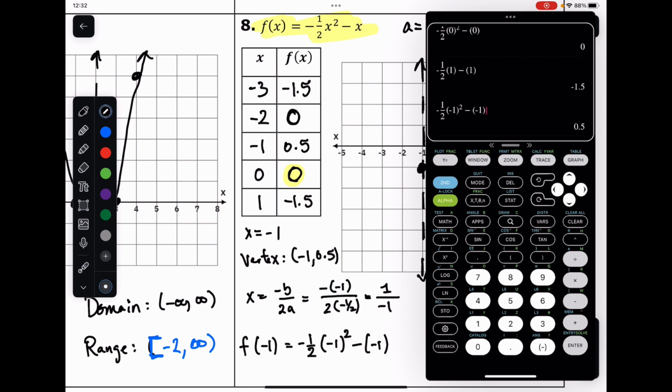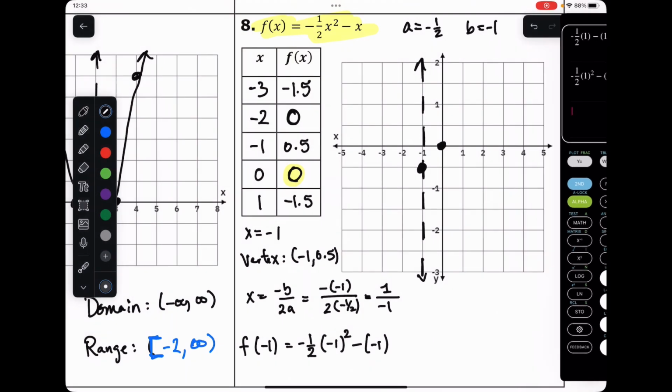At 0, that's at 0. And now we're going to do positive 1. So let me delete this. Okay, and I got it right.